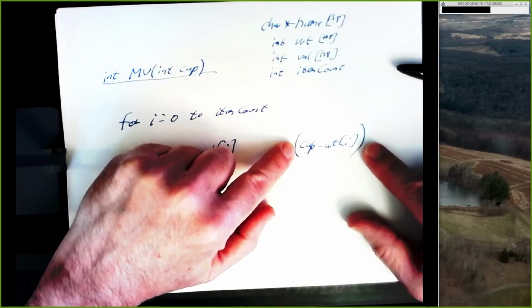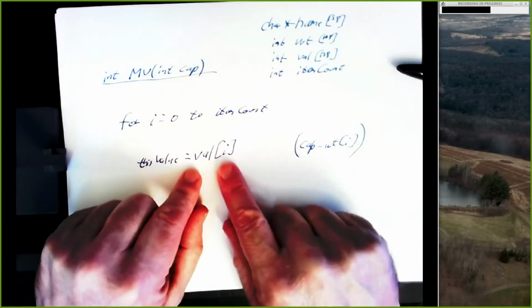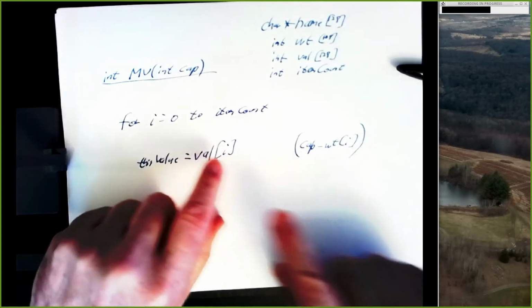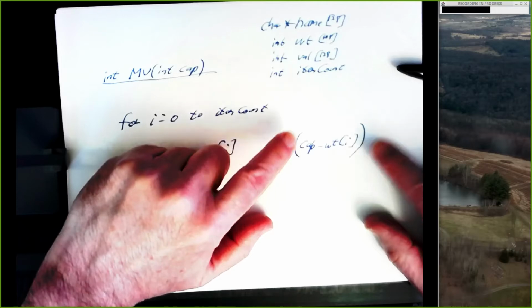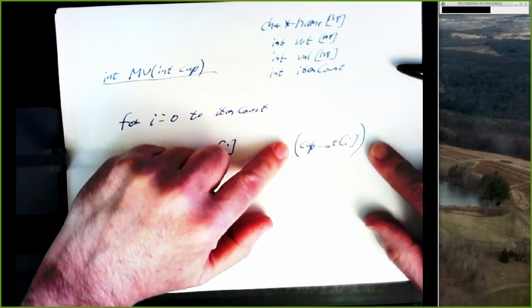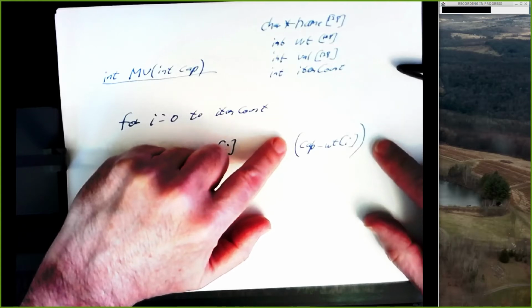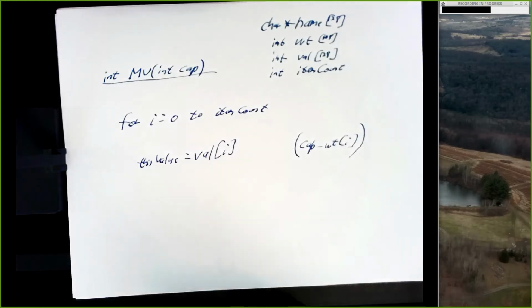So the best value I can possibly get from the bag is the value of this item plus whatever the most value is I can get from a bag that holds this much. How do I find the maximum value available from a bag that holds this much? I'm going to use the MaxVal function.